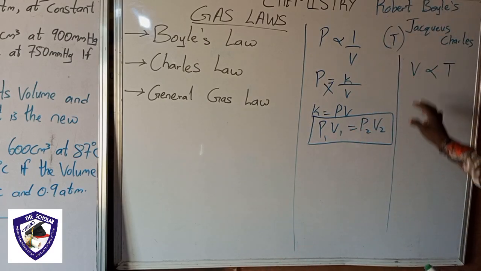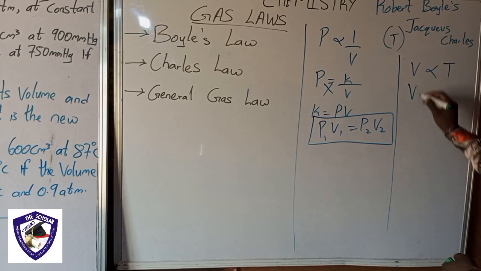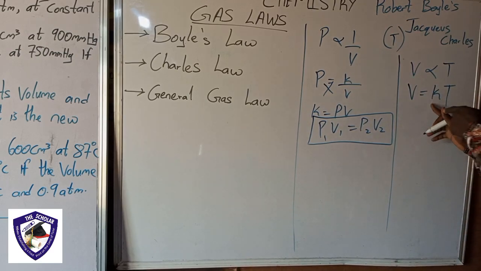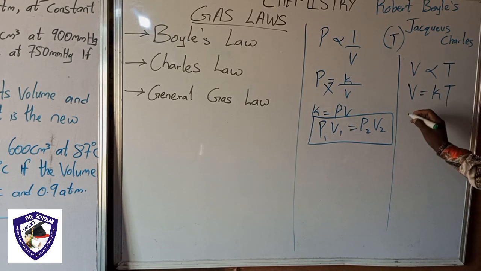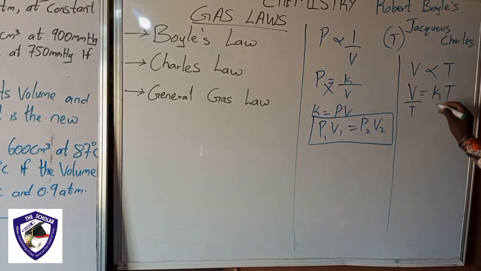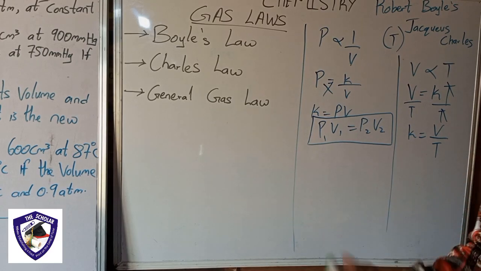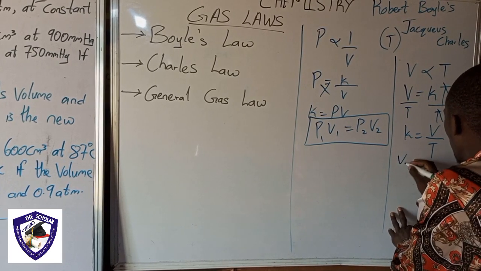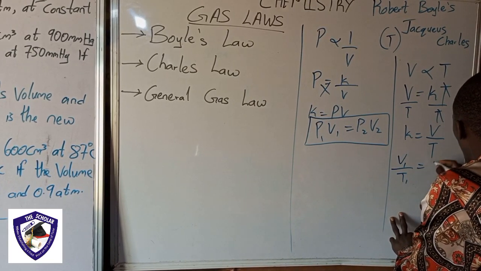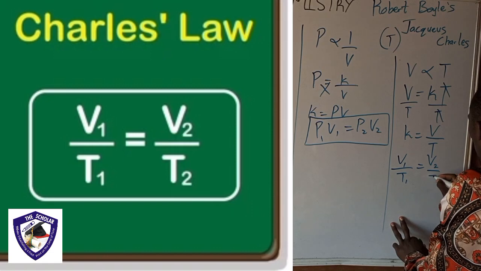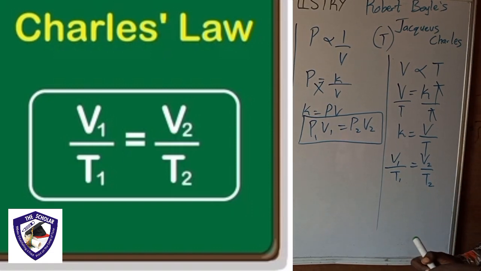For Charles' law, the volume is directly proportional to temperature. I introduce my constant K. Making K the subject of formula, we have K equal to V over T. Now if this volume and temperature undergo expansion, it will produce a new product, which we have as V1 over T1 equal to V2 over T2.